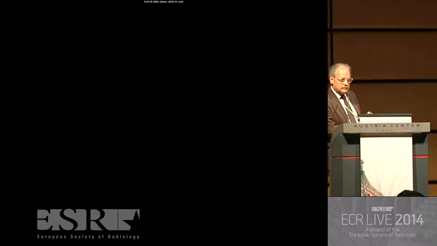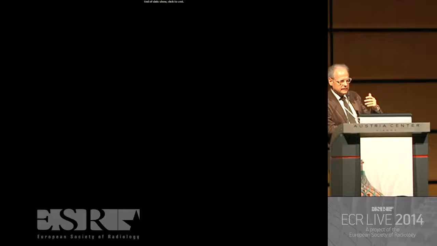MRI is also interesting. Perfusion could be performed eventually with MRI. MRI is interesting for the diffusion-weighted images. There is an increasing interest and application of diffusion-weighted images in this type of tumor in particular. For instance, there is a recent study which has shown that DWI is different in G1, G2, and G3, at least in G1 and G3.